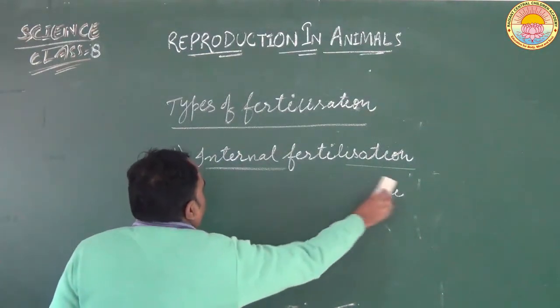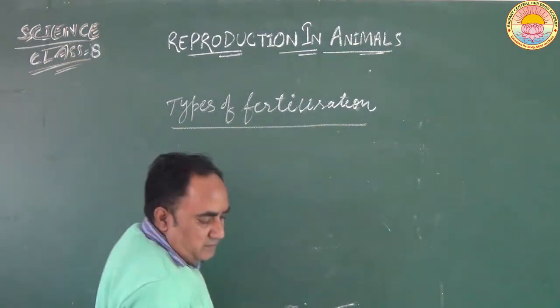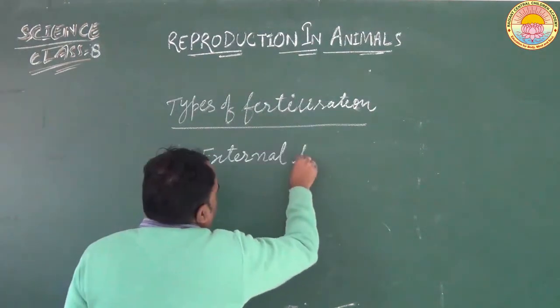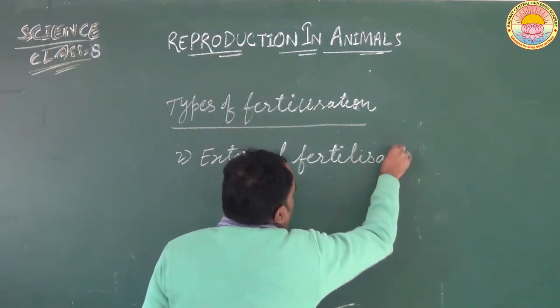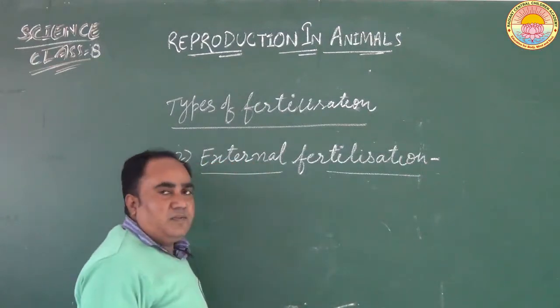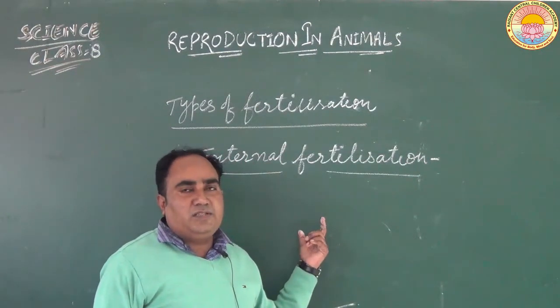And now we discuss external fertilization. The second is external fertilization. It is the type of fertilization that takes place outside of the female's body.